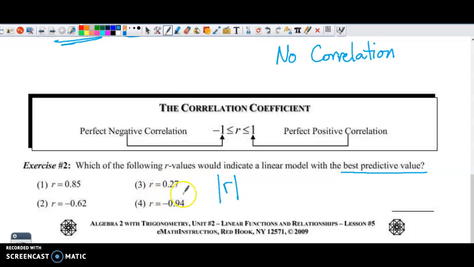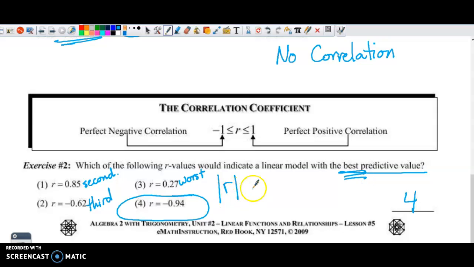If we examine 0.94, not the negative part, it's the closest to all the points on the line of best fit. The second best would be the 0.85. Third best would be this one. And the number that's closest to 0 would be this 0.27, so that would be the worst. We wanted the best, so it's the absolute value being closest to 1.